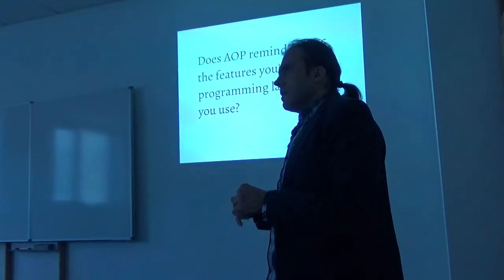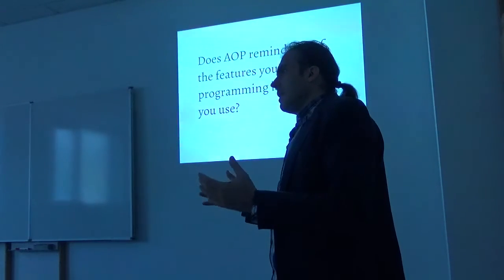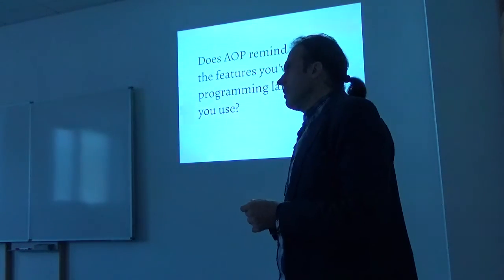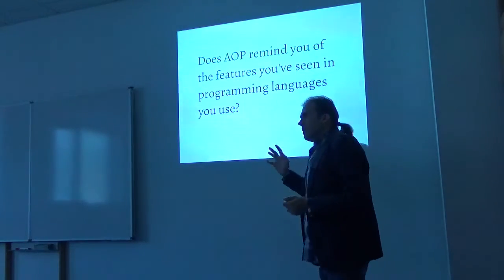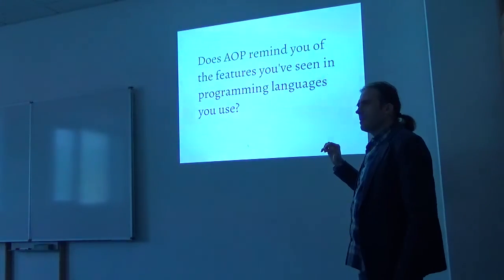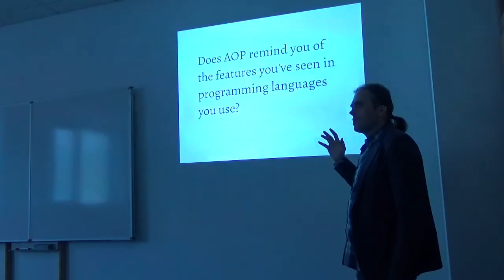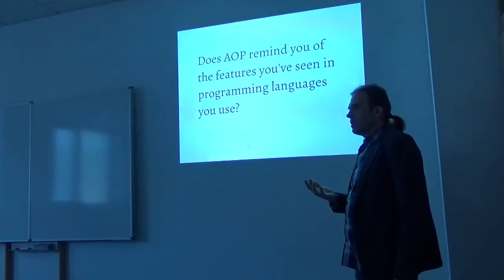But since this occurs already at the specification level, we might expect that we could employ it in our graphical models. But my final question to you is whether these things remind you of something you've observed in some other languages that are not labeled as aspect-oriented.